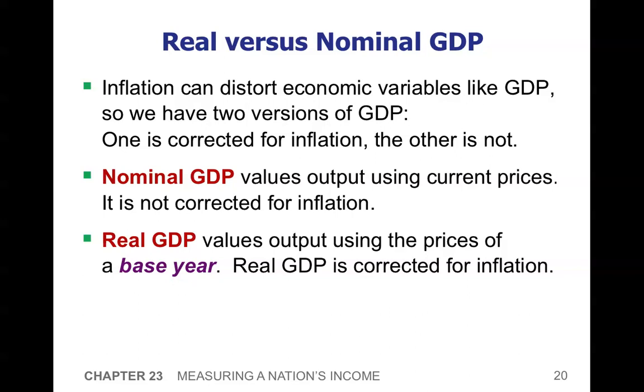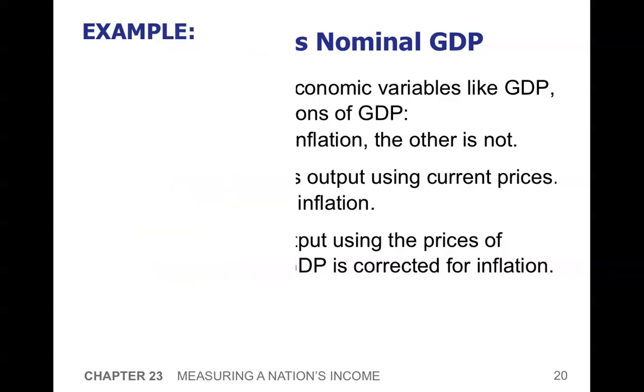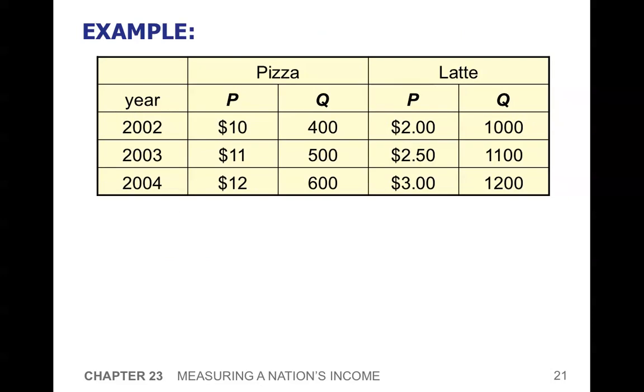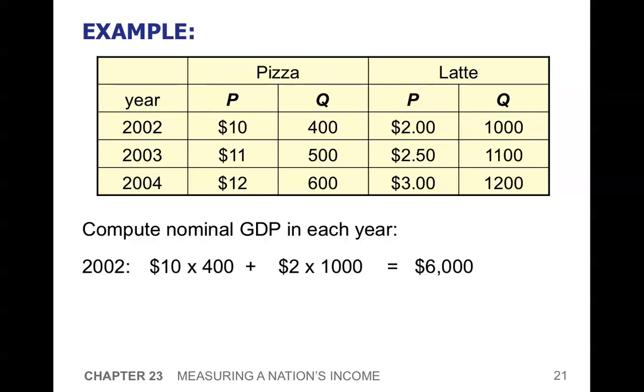I'm going to go through a couple of examples right now. And here is an example. We have the land of pizza and latte. And we have the prices and quantities. This is assuming that everything that is produced is just pizza and latte. We have the prices, we have the quantities for 02, 03, and 04. So the nominal GDP for 02 would be the price times the quantity.